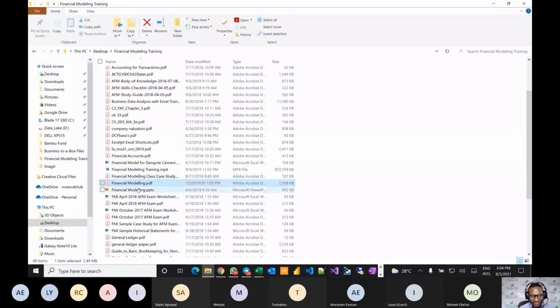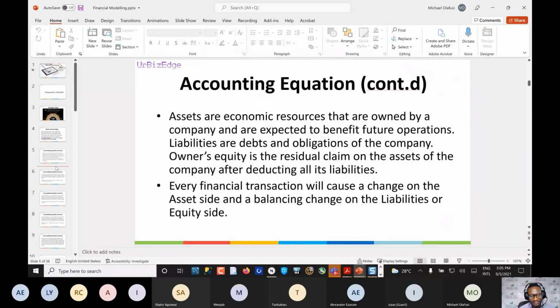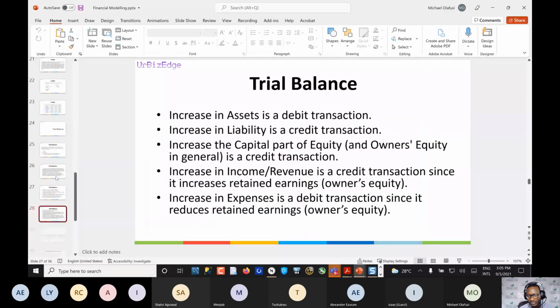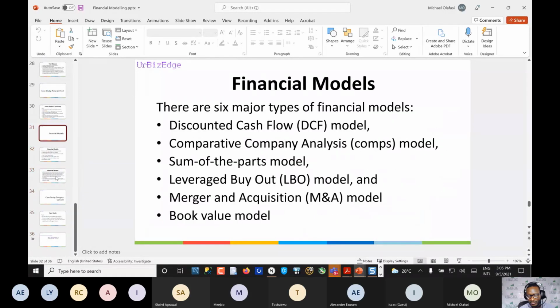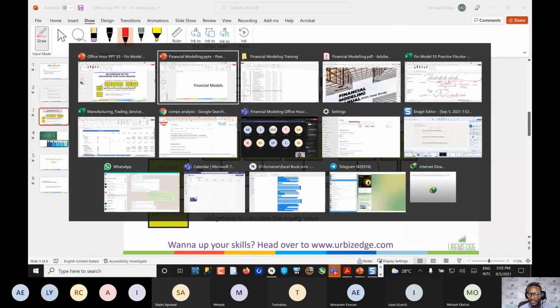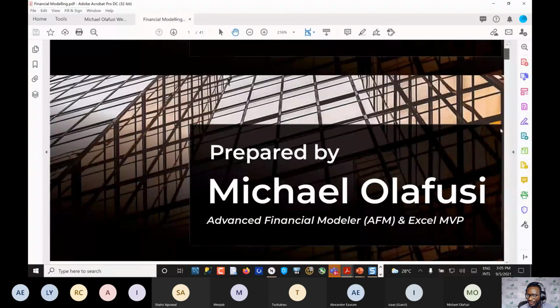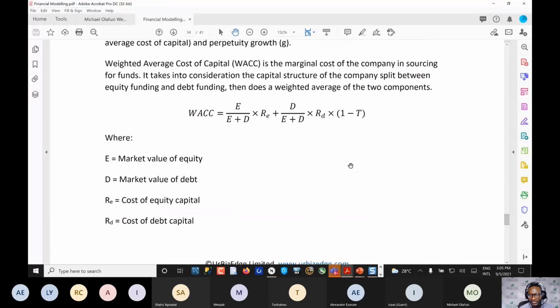I think I have a slide for that one. Okay, maybe I do not have the slide. What I will do is grab the portion from the book and put it in the slide, so that I'll give you the slide. And once I give you the slide, you will have it.